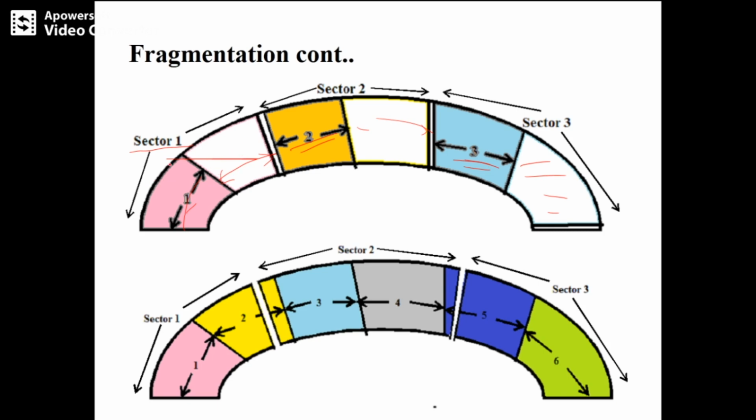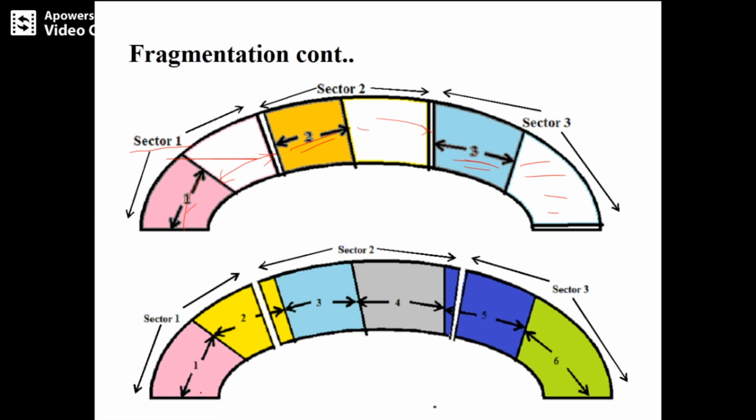If you go for one record per sector, there is a chance of fragmentation because of wasted space. So in order to avoid this fragmentation, we decide not to store one record per sector. Instead, we continuously put our records over the sectors.